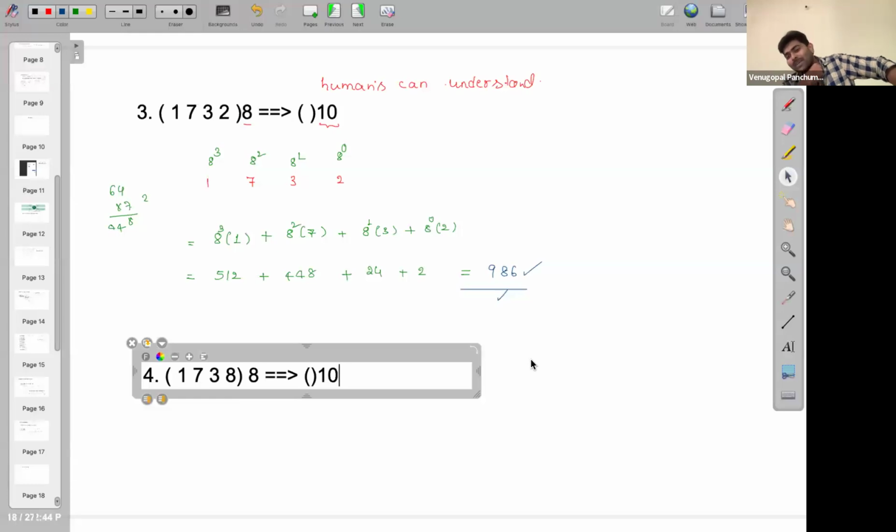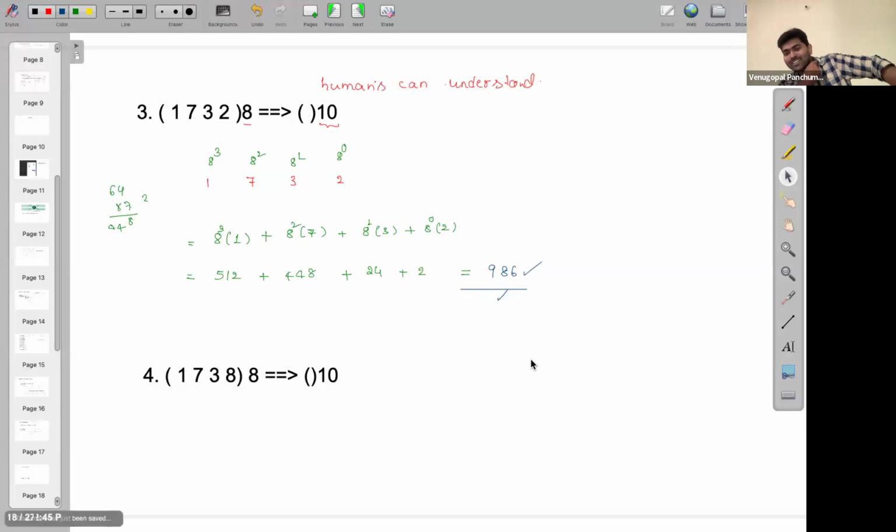Think properly and tell me the answer. I know you all are going to do that: you'll be just adding another plus 6 to that. See the question and tell me. Is it 1000? Check it carefully. A small trick is present in that question.